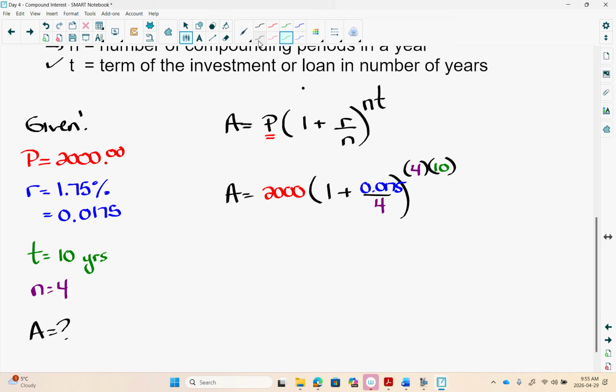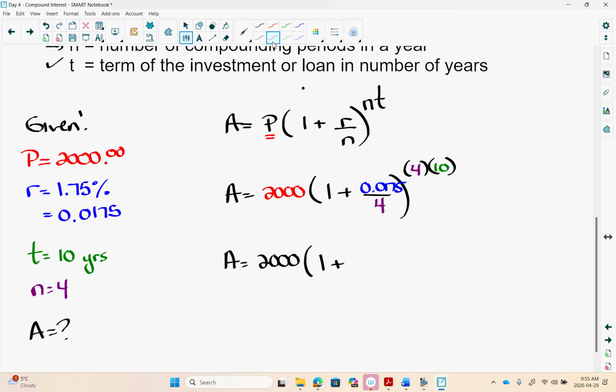Okay, so in order to do this calculation, we're going to need our calculators. The order of operations tells you to do what first? The brackets. So within the brackets, should I add the 0.0175 to the 1, or should I divide the 0.0175 by 4? I'm going to divide. Okay? So if I go 0.0175 and I divide that by 4, we're not going to round anything here.